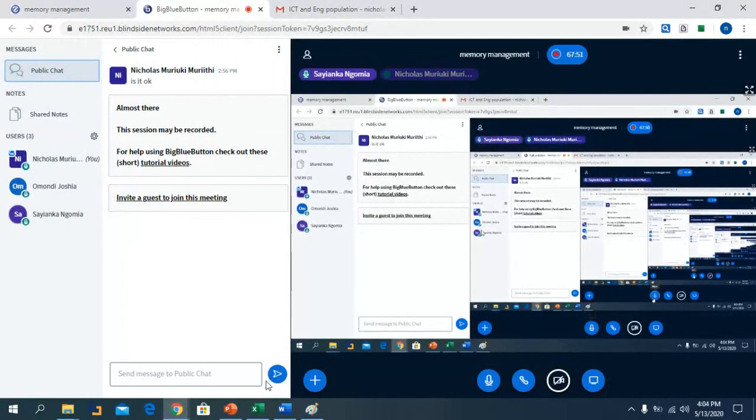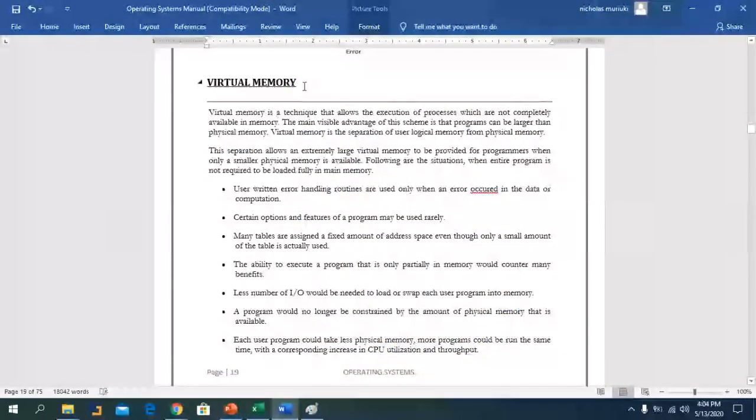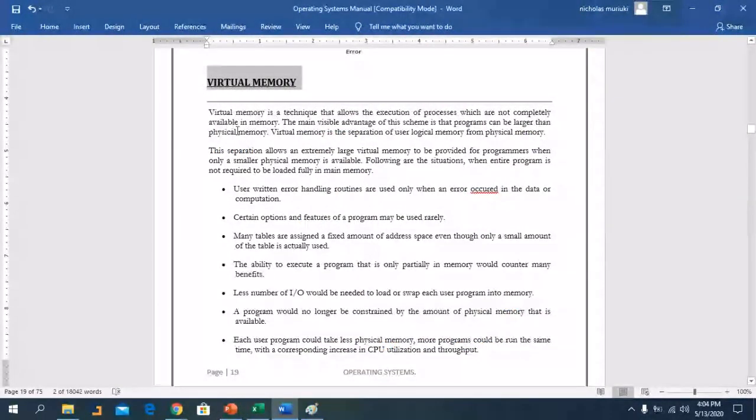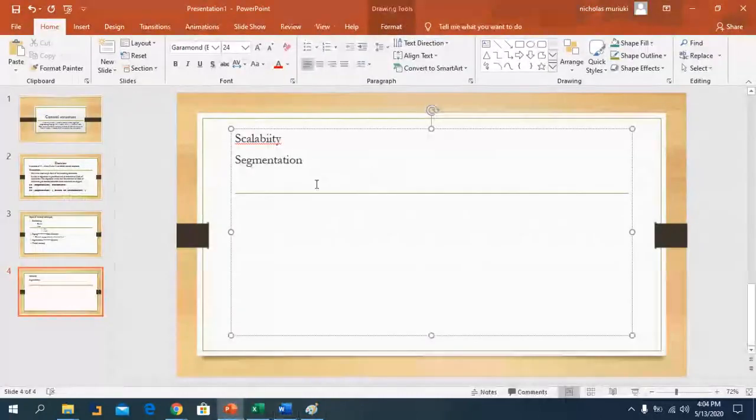So if you look at the virtual memory, we are saying this is the memory that has been created in a secondary storage. And it has been created in a secondary storage to assist mostly the users to accommodate the processes that were not accommodated in the main memory. Remember, we use RAM, the primary memory, to execute.